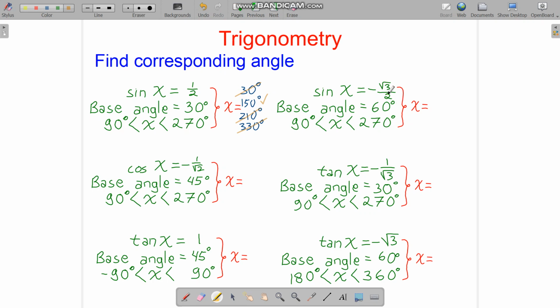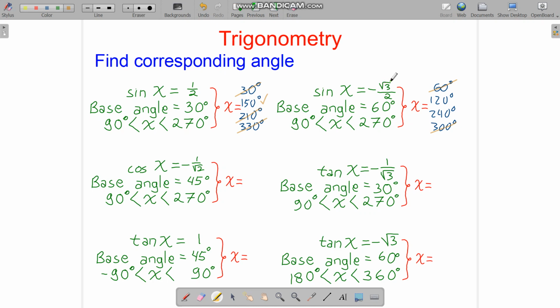And now we have 60 degrees. So 60 degrees base angle means it could be 60, 120, 240, or 300. You can look at the domain first, maybe between 90 and 270. So 60 is impossible, 300 is impossible, not in the domain.